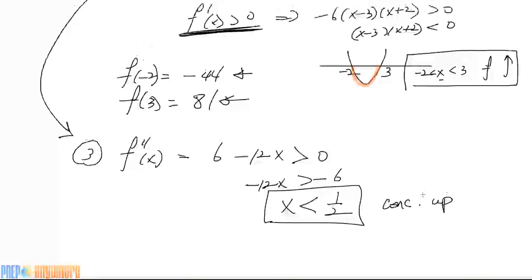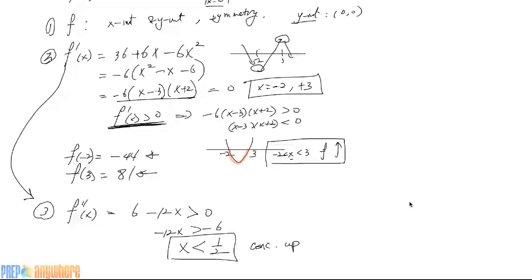Okay, let's summarize all of this in a box. Okay, so I'm going to zoom that over here. I'm going to draw a box. The top row here represents x. Okay, I'm going to put -infinity at the end here. And I'm going to put all my critical numbers. And they are, so the numbers that you got from the first derivative as well as the second derivative. So they are -2, and then half, and then 3.